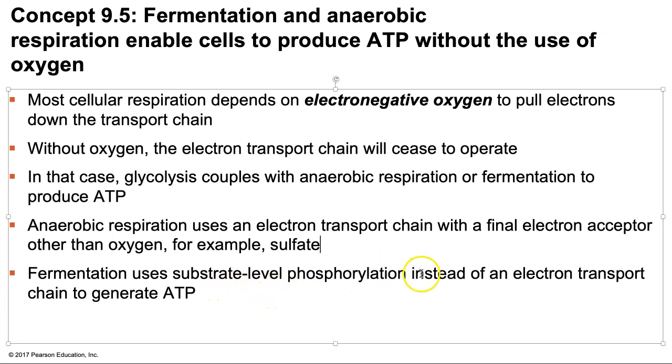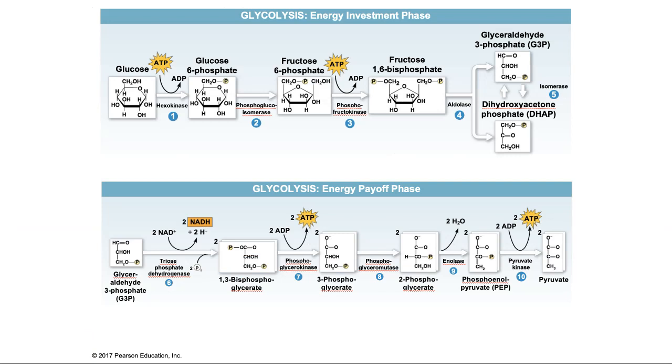Let me just back up a second and go over what this is talking about, substrate level phosphorylation. We saw in glycolysis that we were able to make 4 ATP. And how do we make ATP? We take an ADP and we add a phosphate, right?